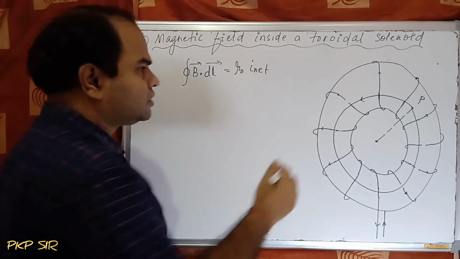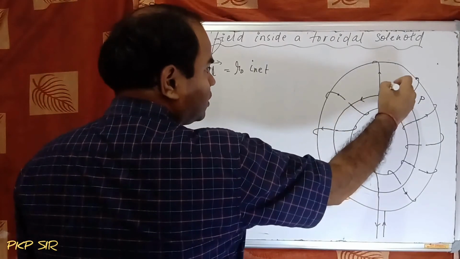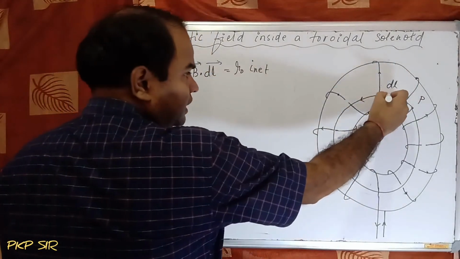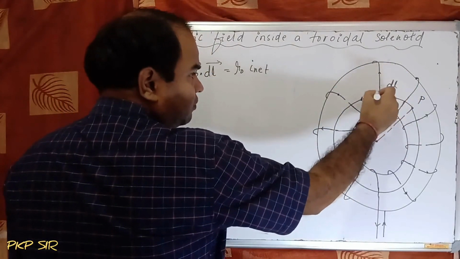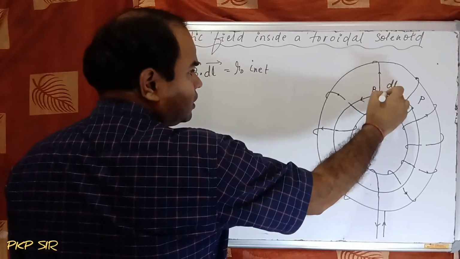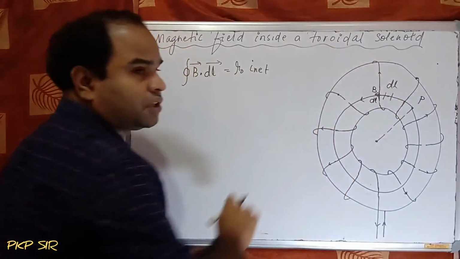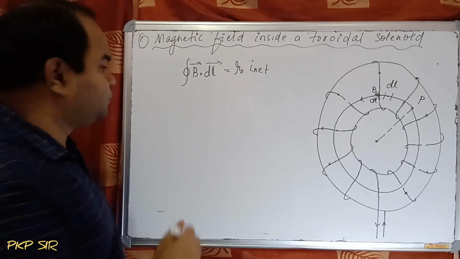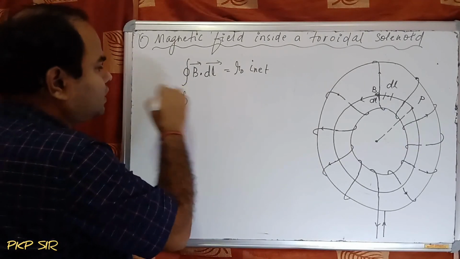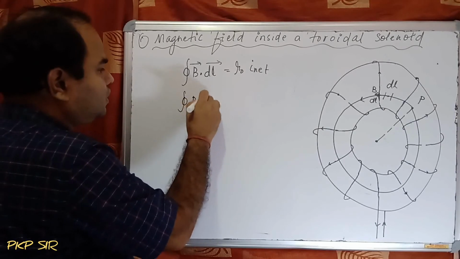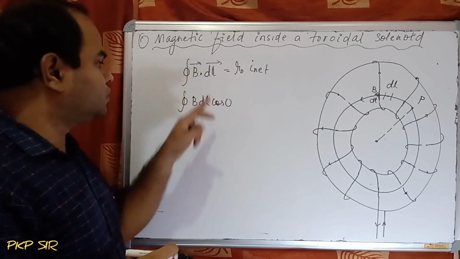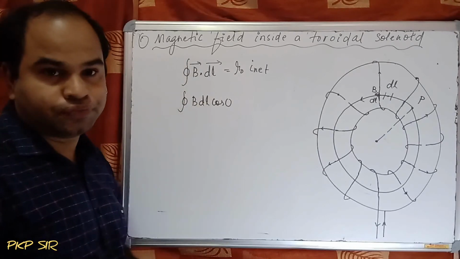Let us consider a small length dl of the circle. At this point the magnetic field direction is the same as the dl direction, so the angle between B and dl is 0. So B dot dl is equal to B dl cos 0.